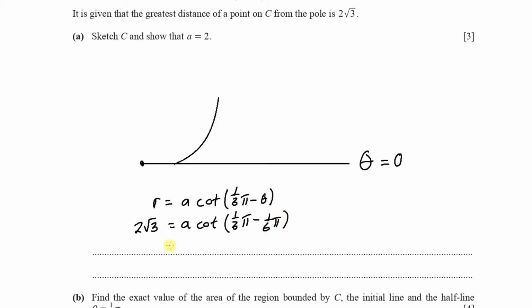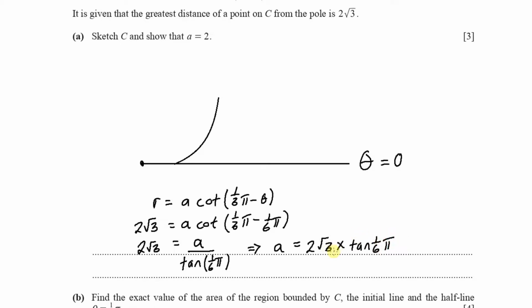So what I can do is say 2√3 is equal to cot, which is 1 over tan, so that's a over tan(π/3 − π/6), and π/3 minus π/6 is π/6. So this therefore means that a is equal to 2√3 times tan(π/6).